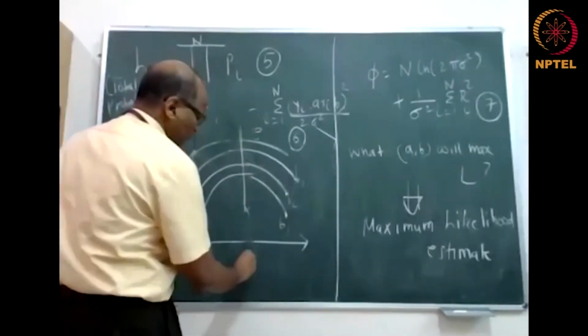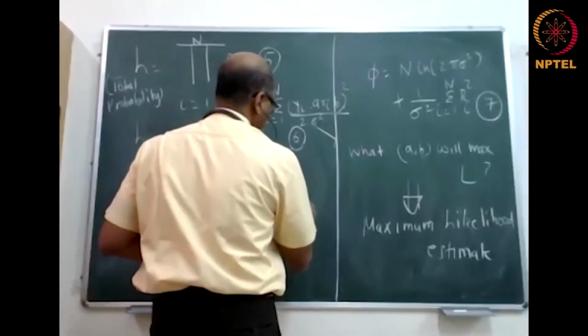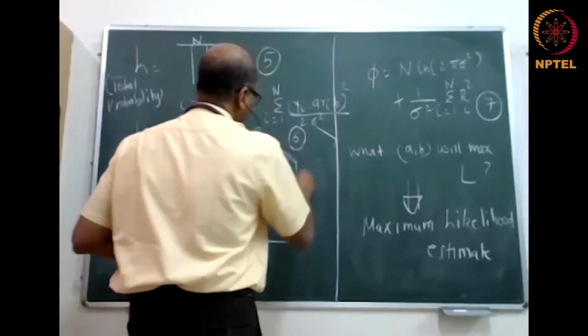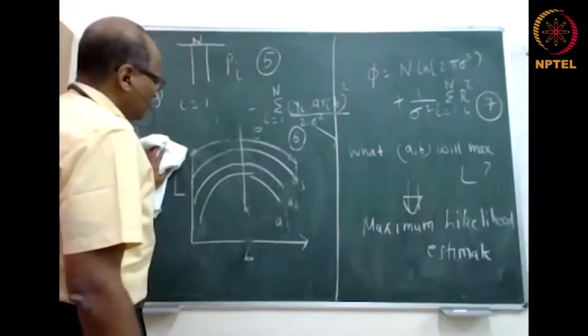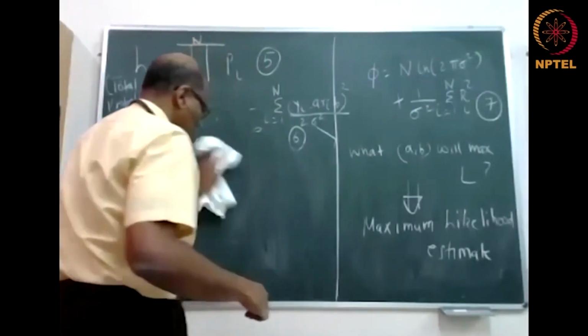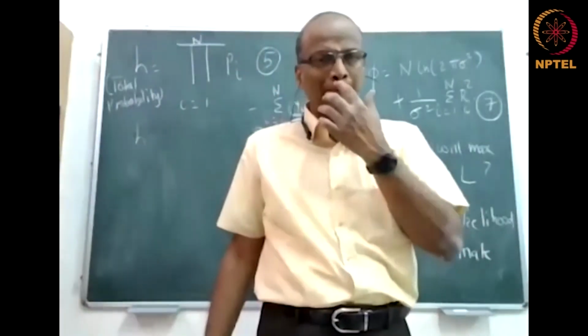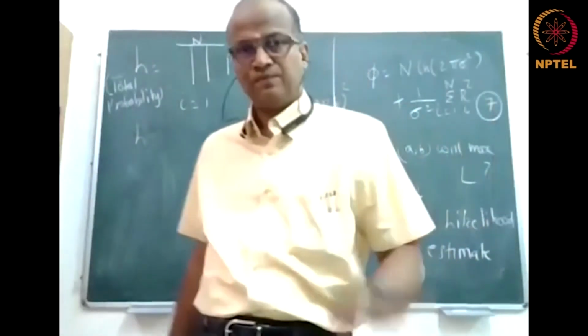Like that, you can have a plot of this with A1, A2, A3. This is just a two-dimensional depiction. If there is a single parameter, straight away you can. Therefore, if you do this, you can find out for which value of A and B the L will be a maximum.